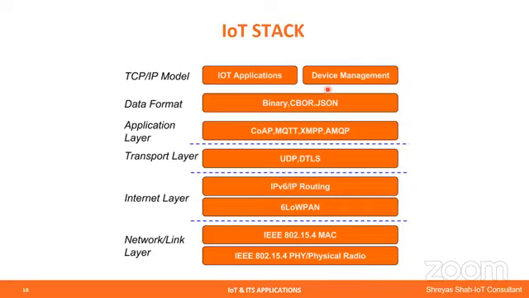In the same way, IoT has all these layers, but in a different manner. Basically from 7 it becomes 4 layers: network layer or link layer, then internet layer, transport layer, and application layer. These are the 4 layers.